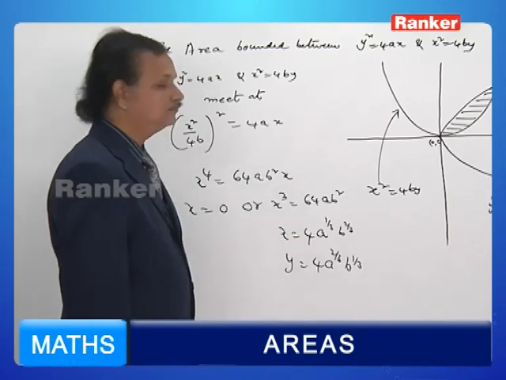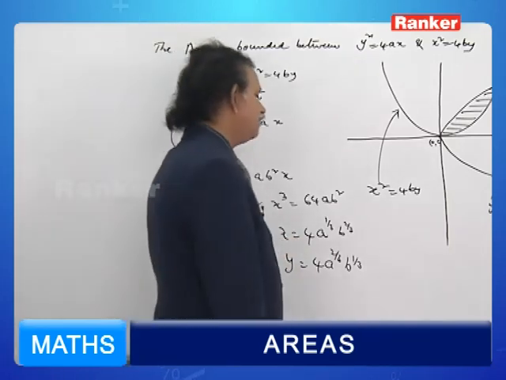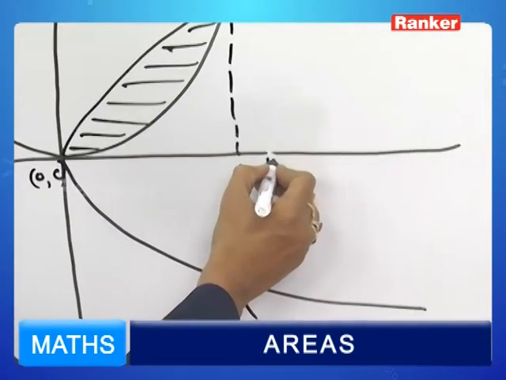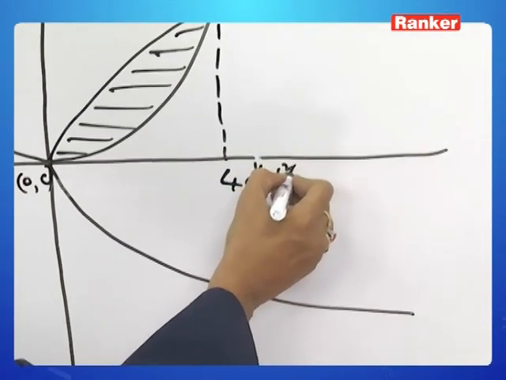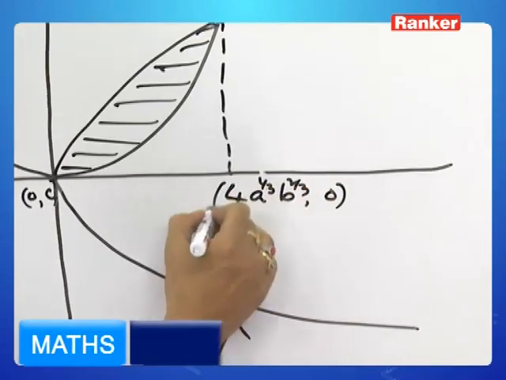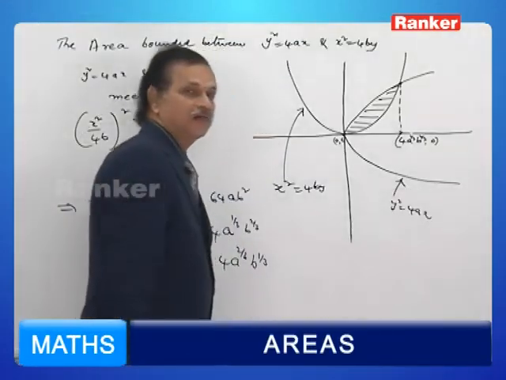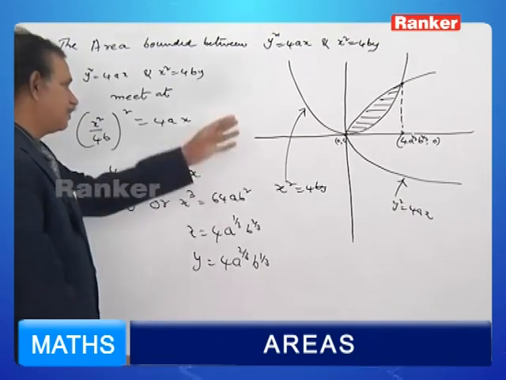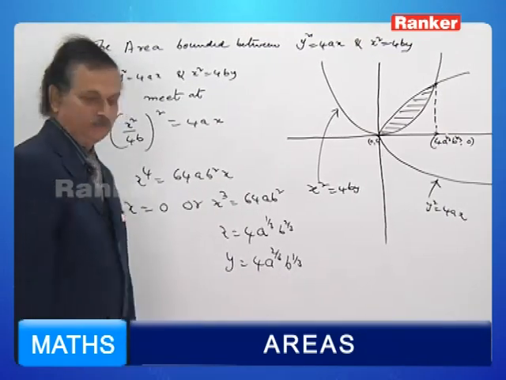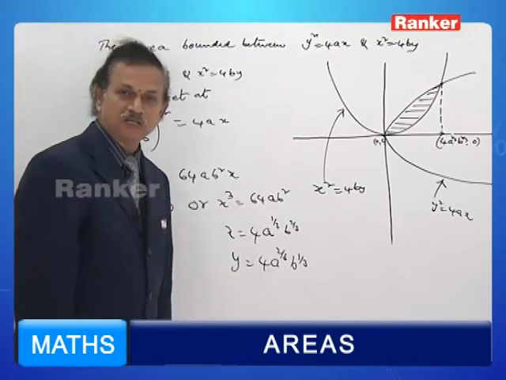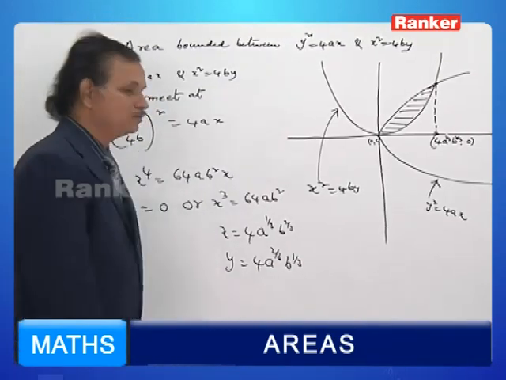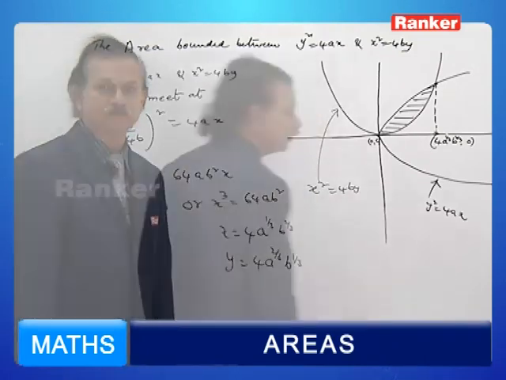It is enough. So, the limits of integration will be 0 to 4 a power 1 by 3 b power 2 by 3. This is the point. Well, that is the picture. You please note down the point of intersection in your mind. I shall be going to delete this on the board.